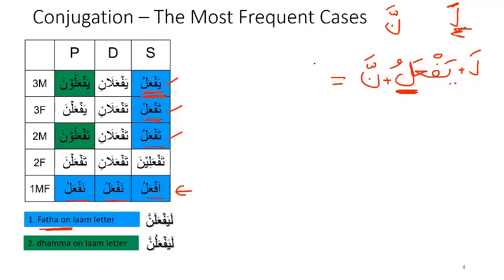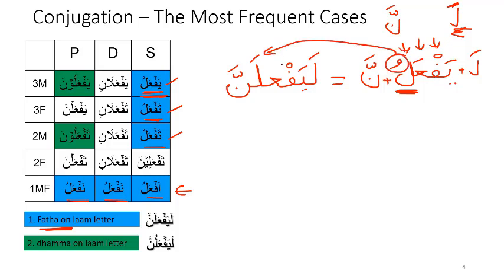So this becomes la yaf'alanna. Notice this is the fa letter, this is the ain letter, this is the lam letter. This dhamma gets converted into a fatha. So la yaf'alanna means that he will most definitely do, and then whatever action we are talking about.